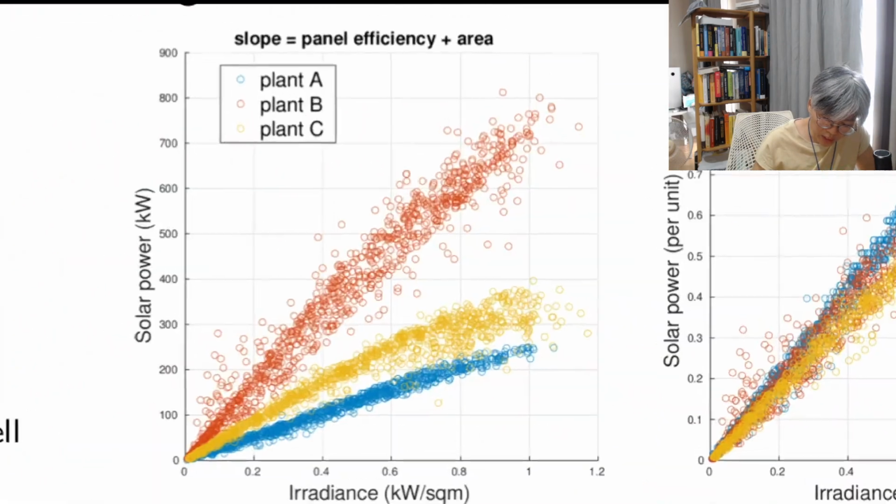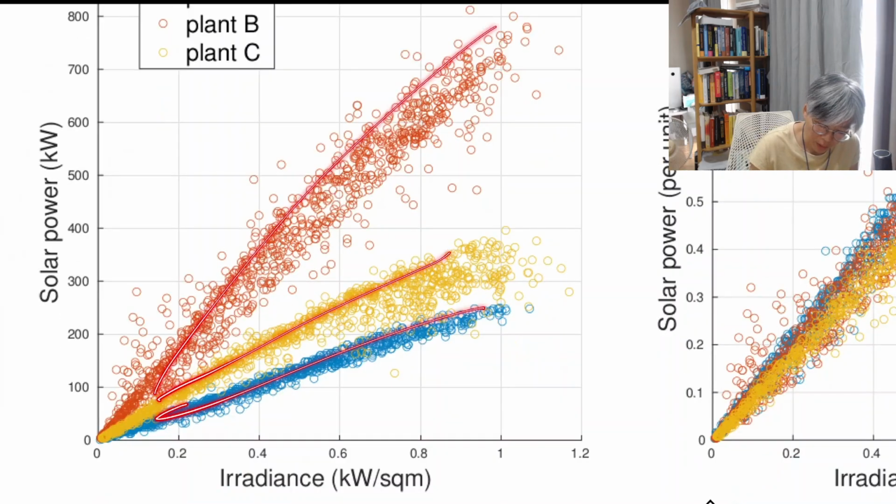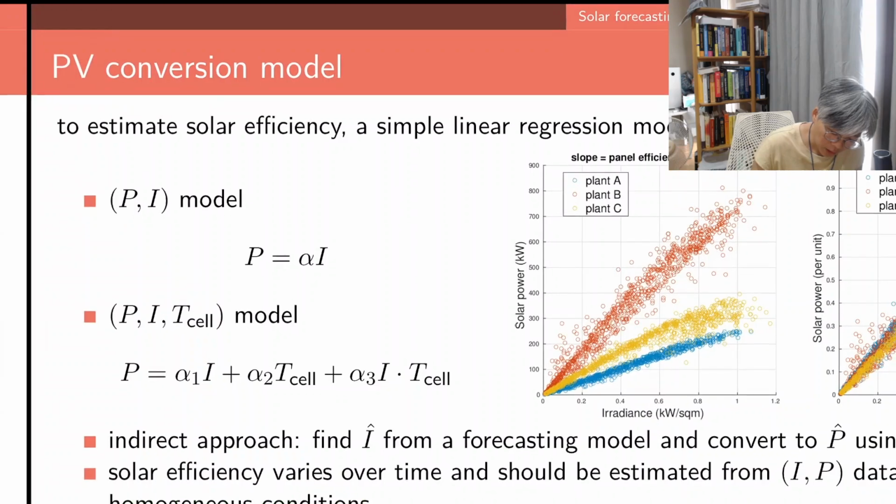You can see that both P and I exhibit a very clear linear relationship. From here, we can use the simple model P equals alpha I, a linear regression.